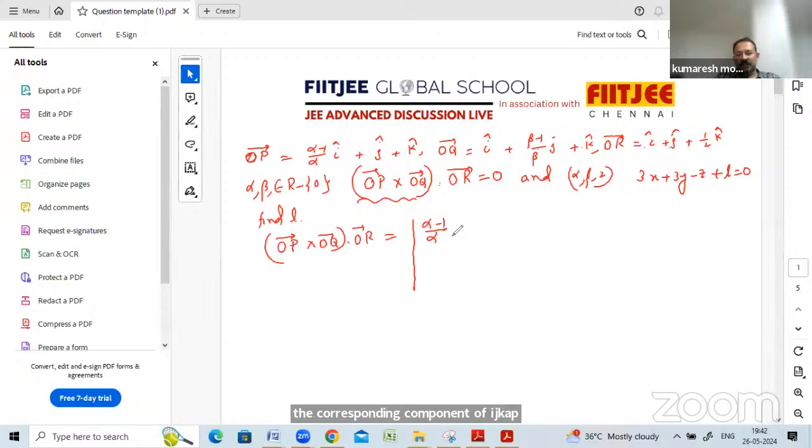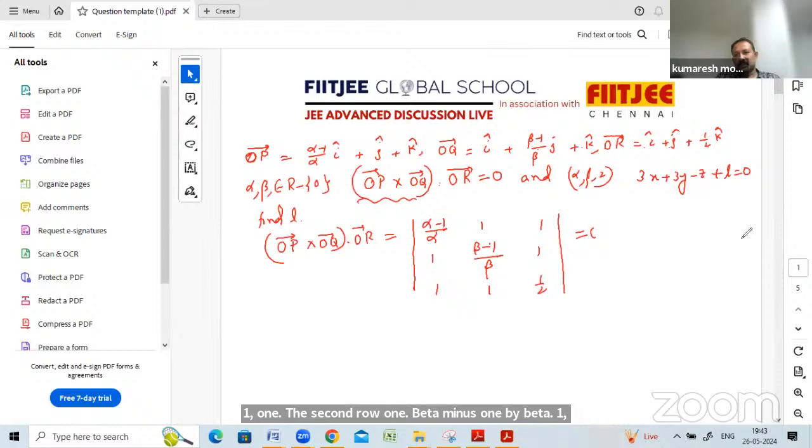So we can write OP cross OQ dot OR in determinant form: the first row alpha minus 1 by alpha, 1, 1; the second row 1, beta minus 1 by beta, 1; the third row 1, 1, half. This value of the determinant must be equal to 0.